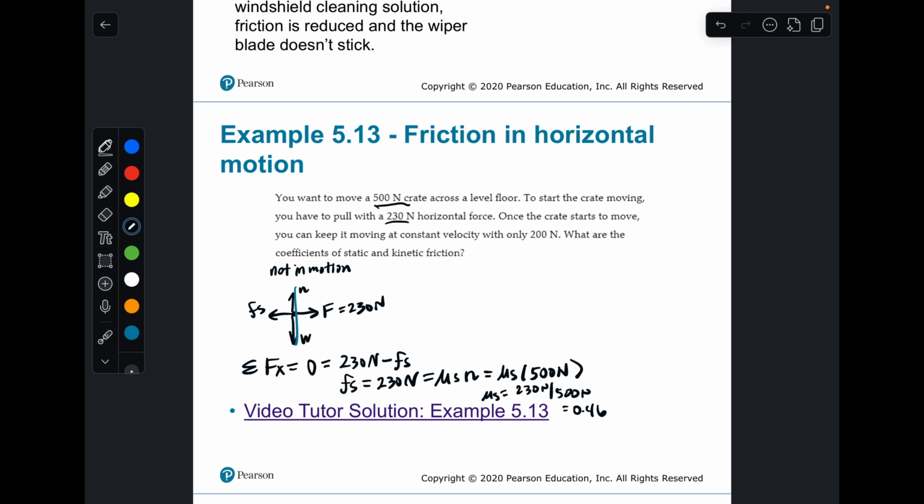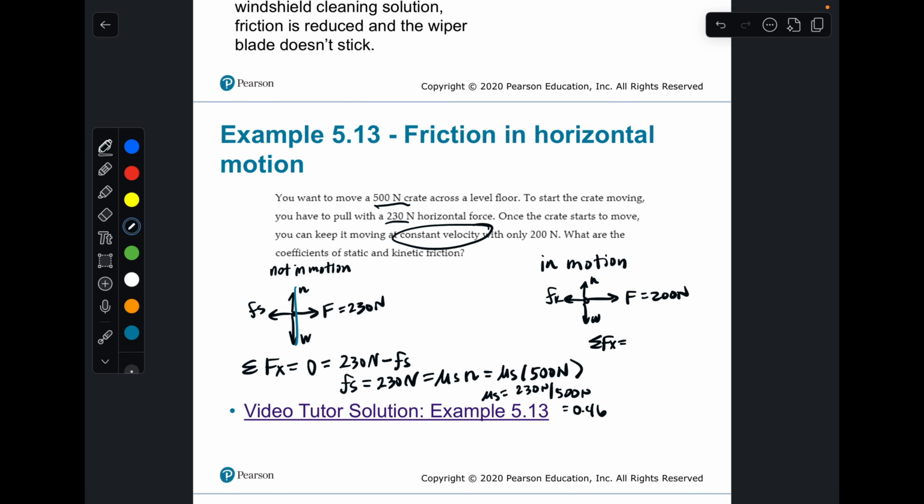So now that we are in motion, only a force of 200 newtons is required to keep it moving with constant velocity. Kinetic friction will oppose that. And so we can use Newton's first law again, right, because of constant velocity, to find Fk.